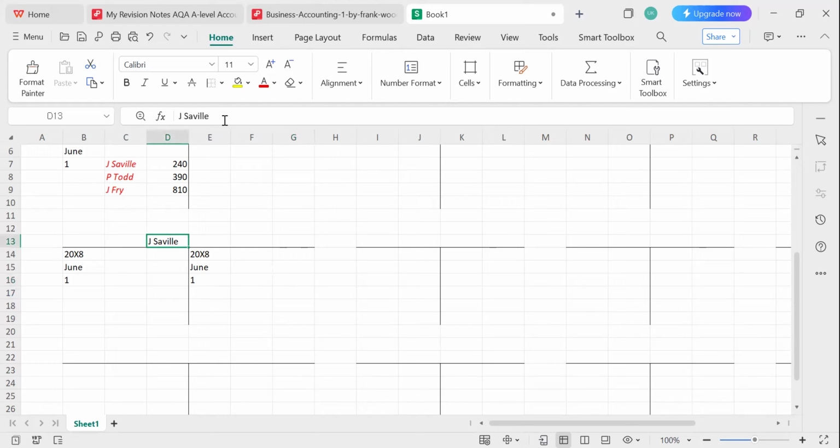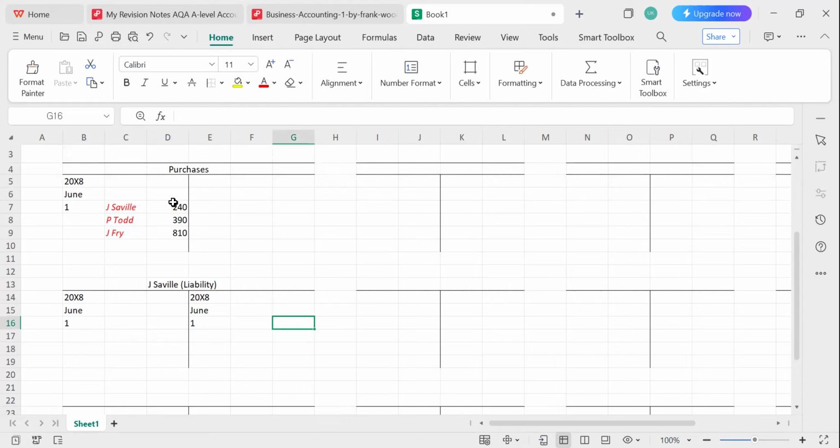I'm just going to write liability so that it is easier to understand. So we debit the purchases and we credit J7, same amount. And against it, I'm going to write purchases. That's the account that we made against it.